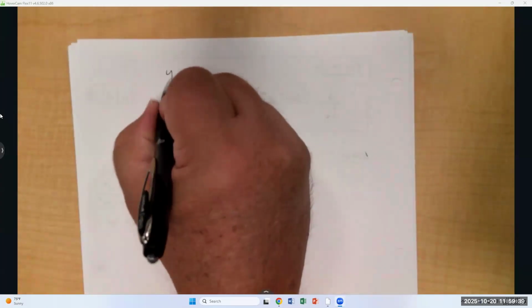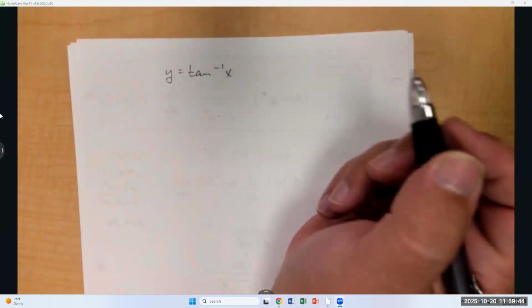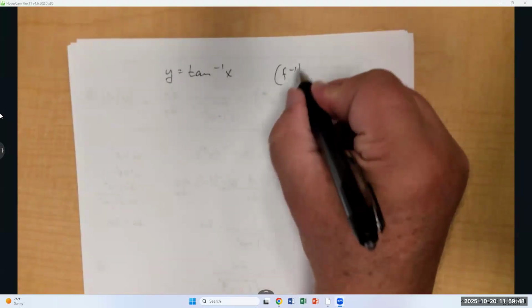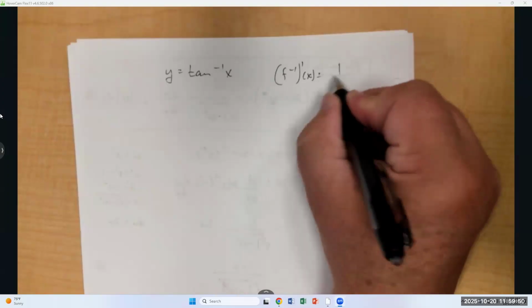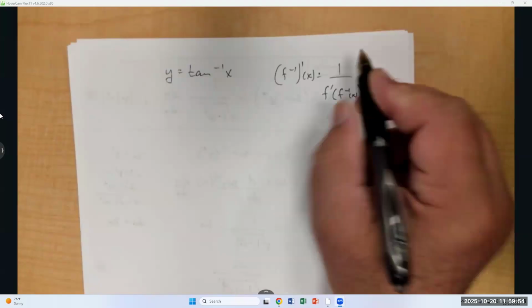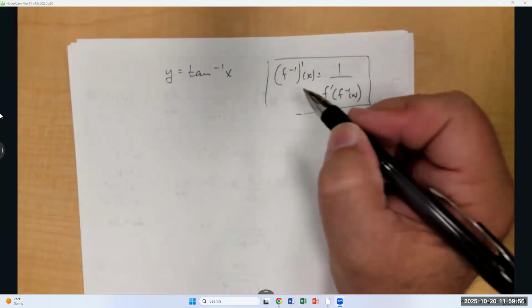All right, so let's look at the other trig functions. Let's derive those derivatives. What if we have the inverse of tangent? Remember, theorem 3 gives us this. We have to use that.